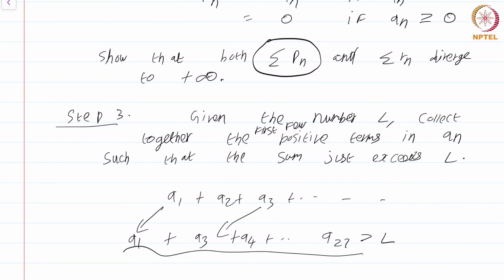There may not be 27 of them because some of them will be negative. So let me rephrase the last statement. What I want to say is if I sum up the positive terms coming from a1 to a26, it should be less than L. But if I sum up the positive terms coming from a1 to a27, that should exceed L.